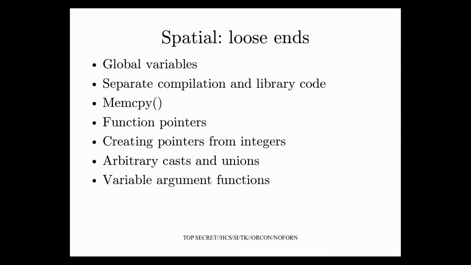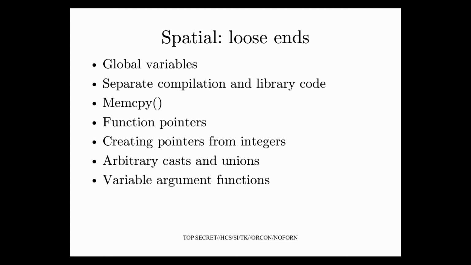Memcopy is interesting, because if you do memcopy of memory region A to memory region B, inside that memory there might be pointers, and the pointer meta information, the base and bound, also needs to be copied. So you need to have a special memcopy implementation that makes sure that the additional base and bound information is also copied around. Function pointers are interesting. Function pointers just get a bound of 0, so you cannot write into them, and then they're safe.